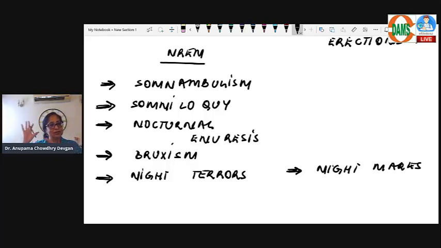The dreams which terrified you in sleep, which you can remember, are in REM sleep. What you cannot remember is in NREM sleep, right?